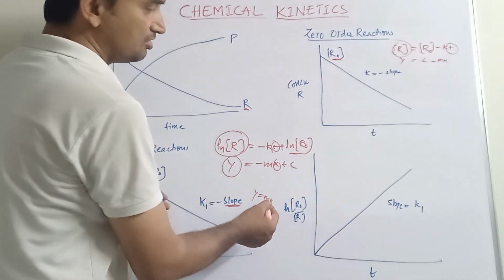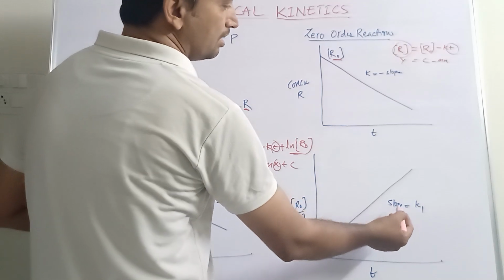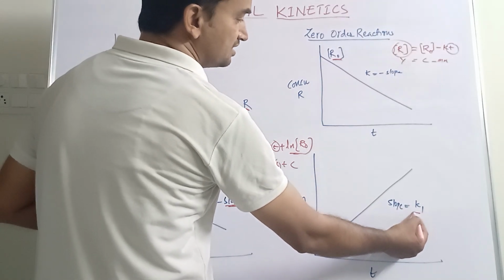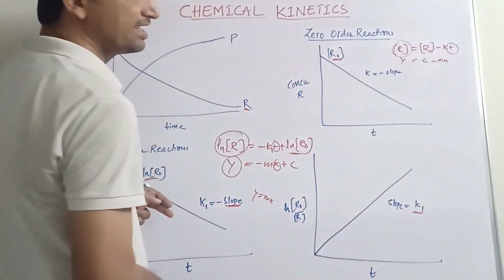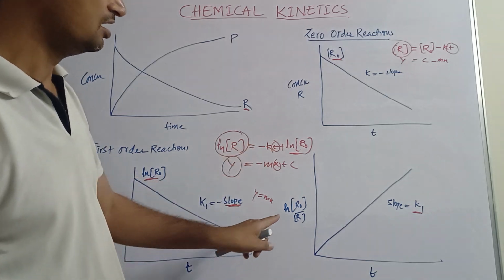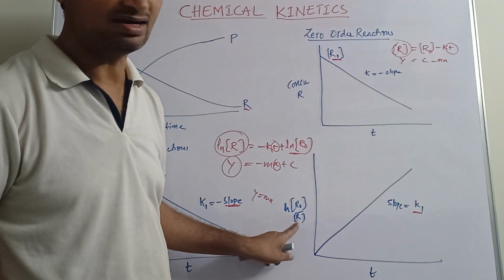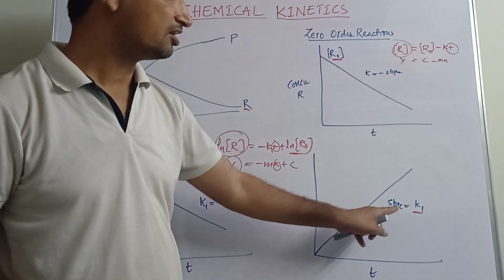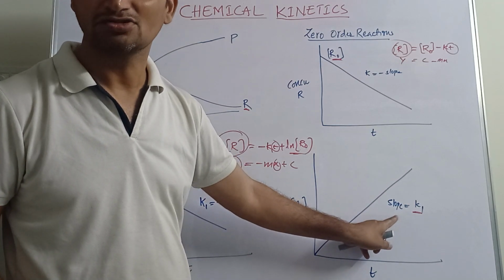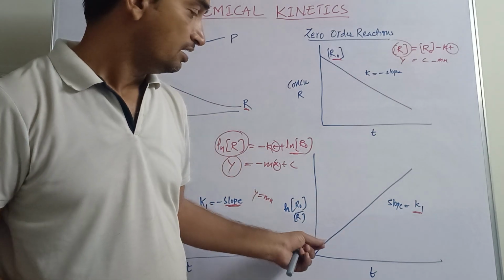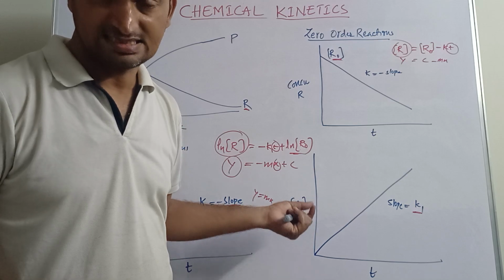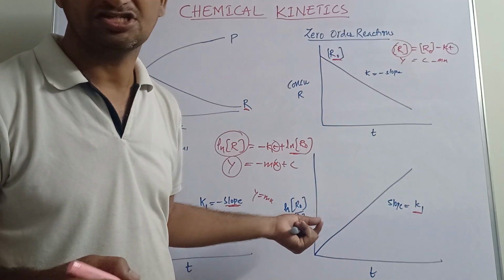It is t. Now automatically the slope will be, it is passing through the origin, so we will get a straight line, that is k1. Okay, k1. So if you plot ln R naught by R versus time, we are going to get a positive slope k1. Okay, so this is the second graph from first order reaction.